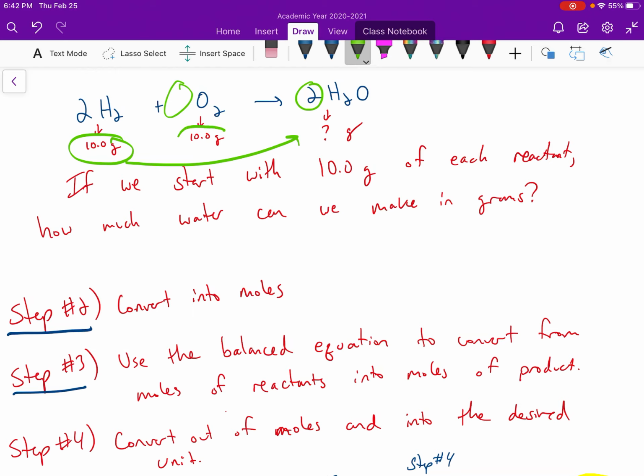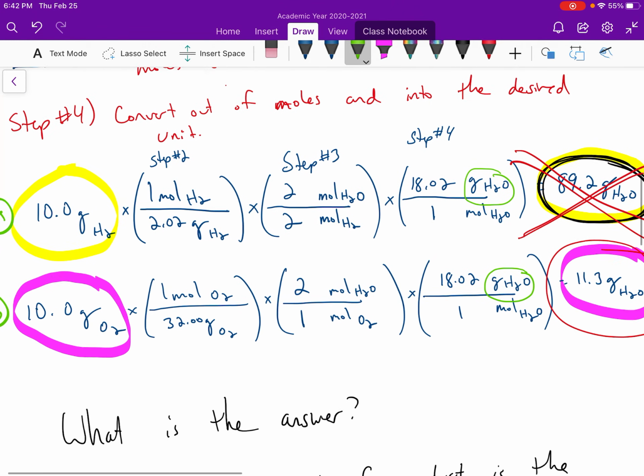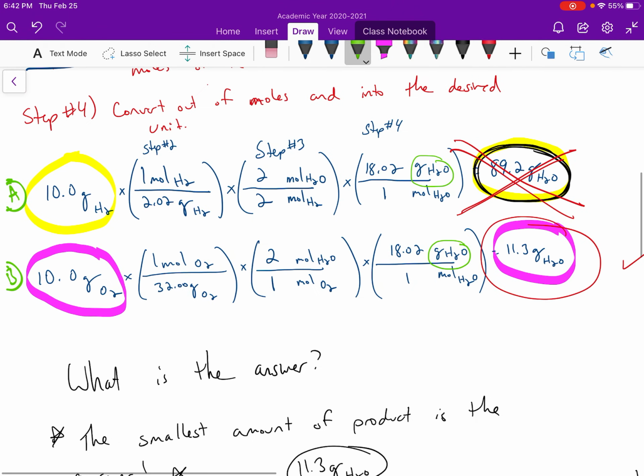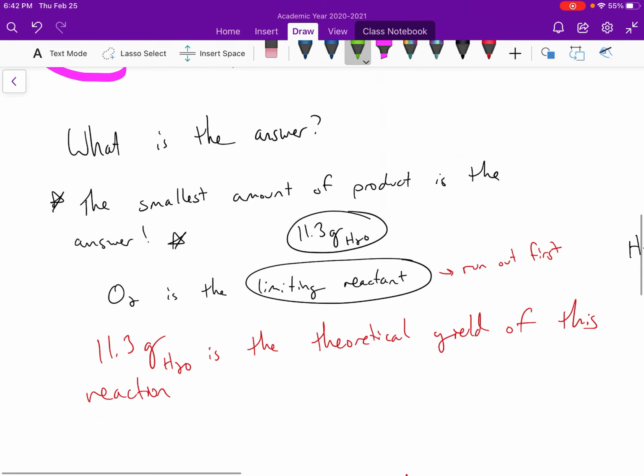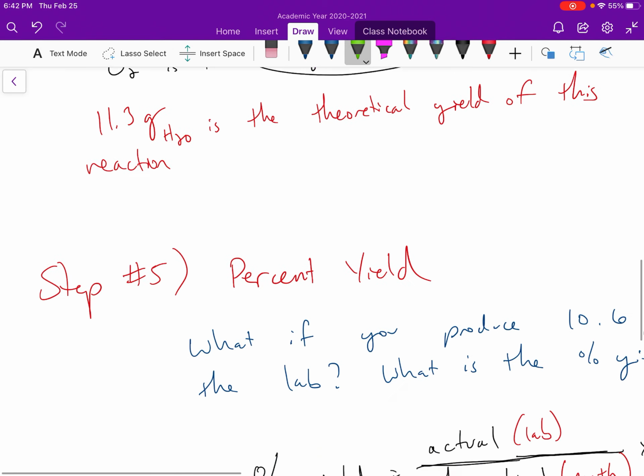Then I'm going to do the same thing for oxygen. What if I start with 10 grams of oxygen, independent of everything else, and figure out how much water I'm going to make from that one? So we walk through both of those with the math, and we say, which one's going to run out first? Well, in this case, the hydrogen, because that gave me this kind of way blown up number. And I'm going to focus on the oxygen, okay? So that's how we do this.